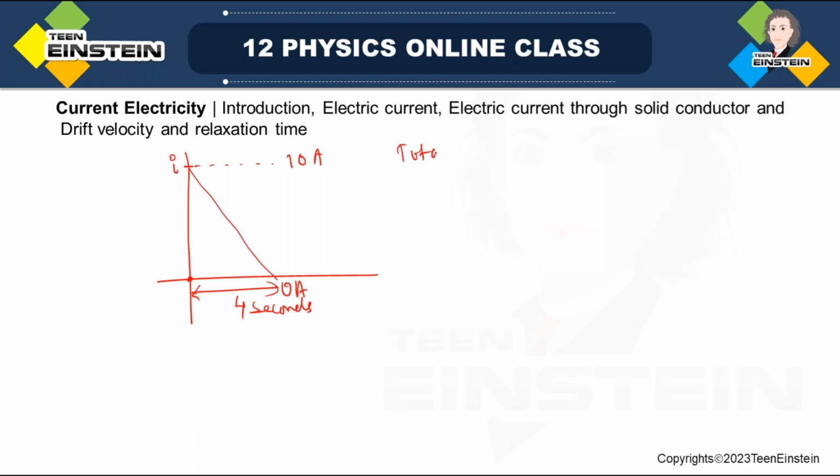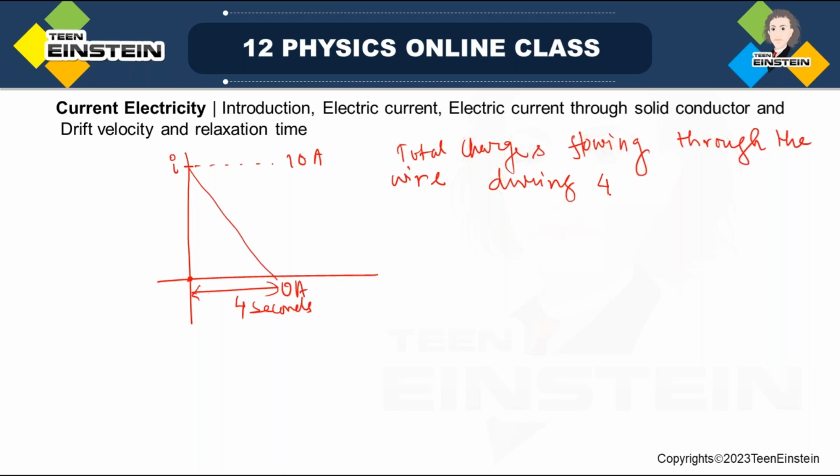The question is the total charge flowing through the wire during 4 seconds.